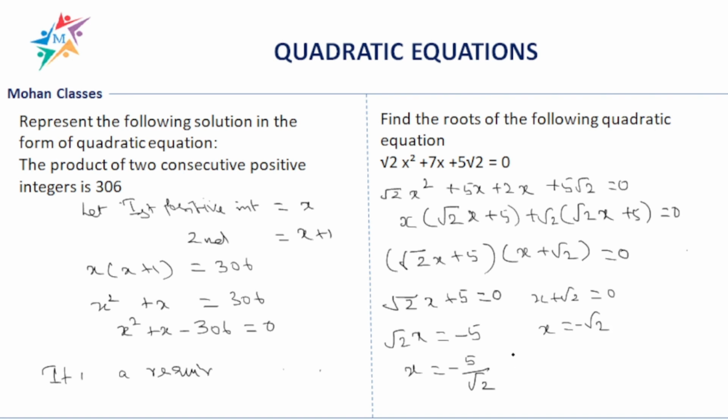The roots of the equation are x = -√2 and -5/√2.